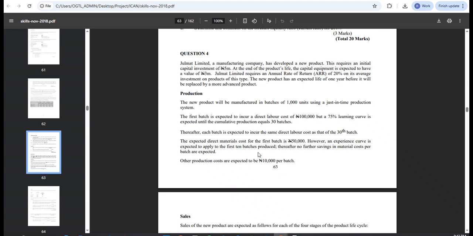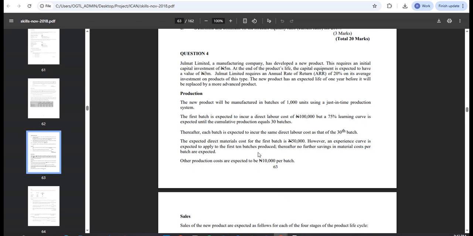GeoMath Limited, a manufacturing company, has developed a new product. This requires an initial capital investment of 5 million naira. At the end of the product life, the capital equipment is expected to have a value of 3 million naira.